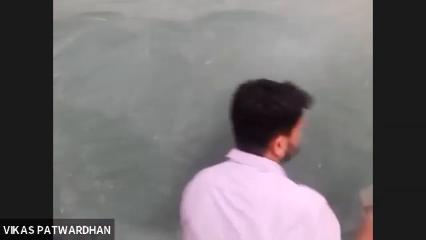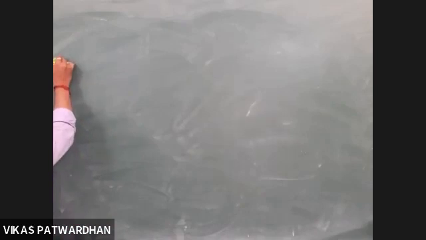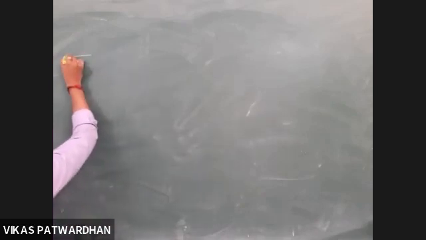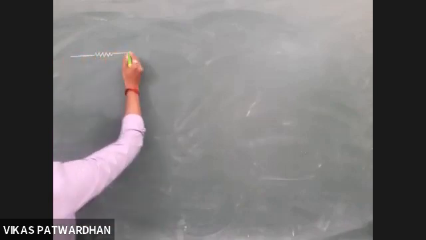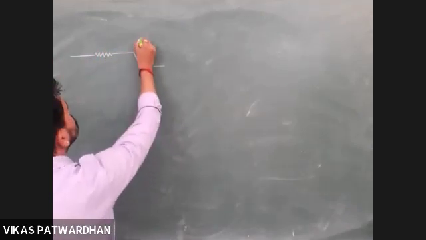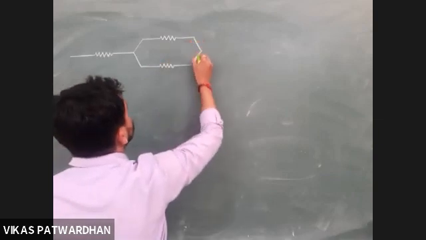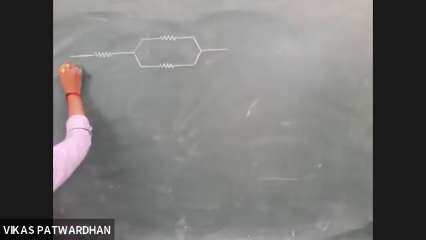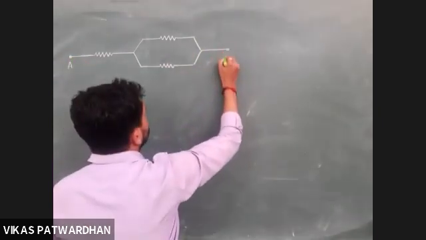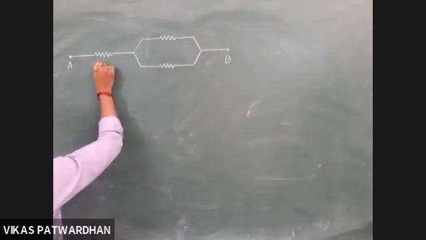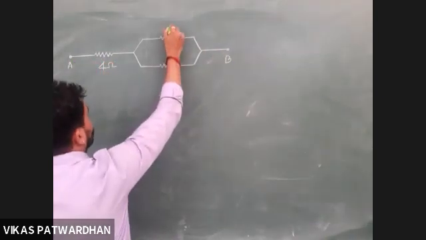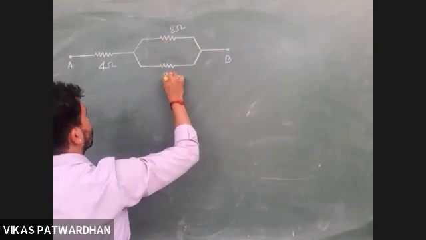Now, find the effective resistance between A and B. You have to find the effective resistance between terminals A and B. Here it is A, here it is B. This is, say, 4 ohms, and this is 8 ohms, and this is 8 ohms.